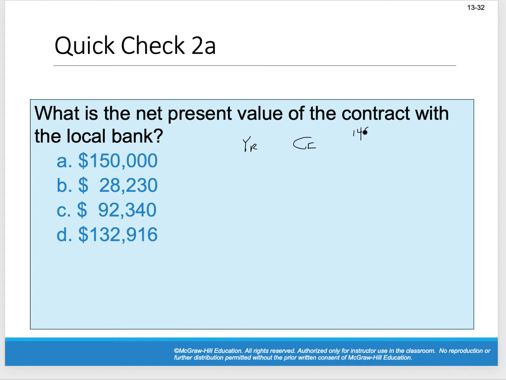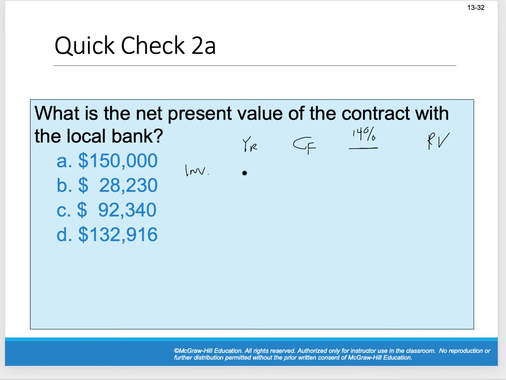And again, they said that that's the required rate that we require, so we're just going to take it as our discount rate. Then we have our PV, right? What's our present value? Okay, easy peasy, right? First I have to invest in that equipment. That equipment is $250,000, right?